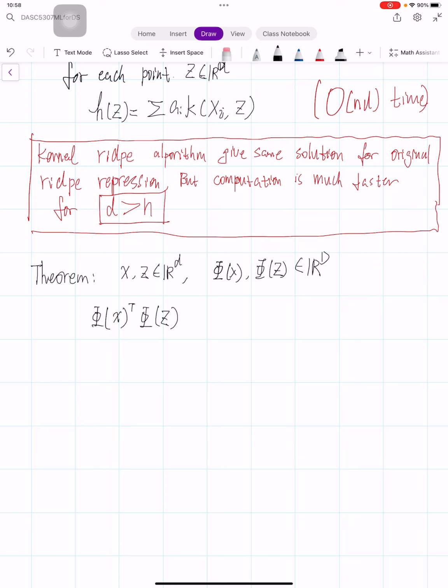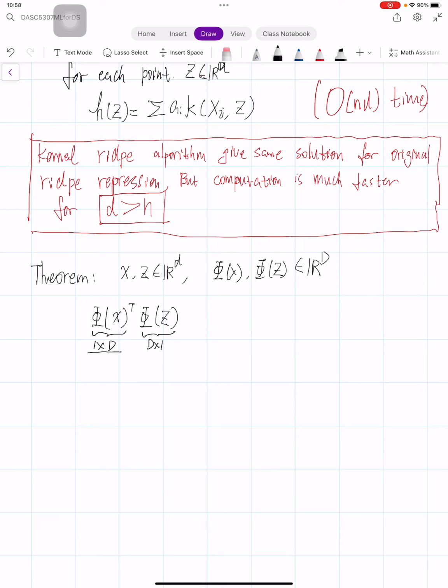Think about this: this is a scalar, but this is a vector of 1 times capital D. Suppose you have 1 million, so this is a 1 million vector, and this is a D by 1.